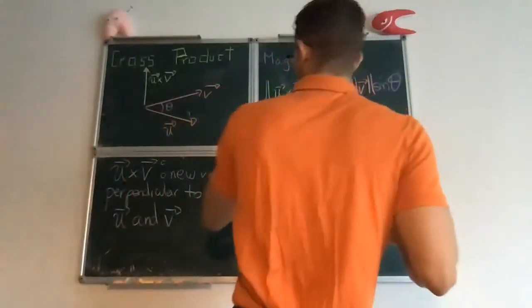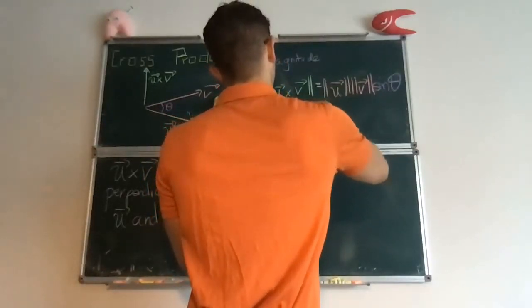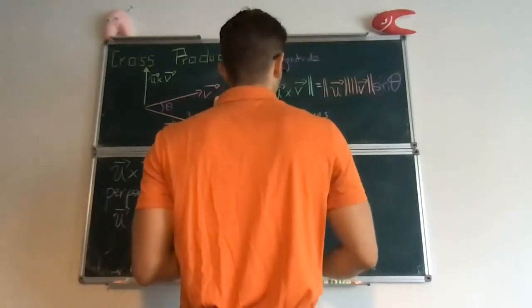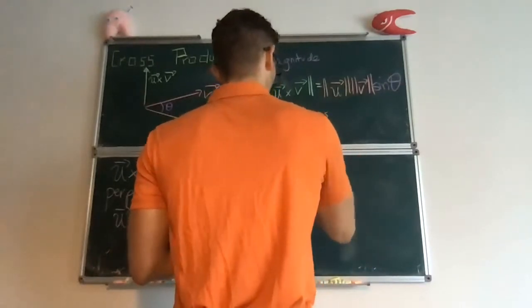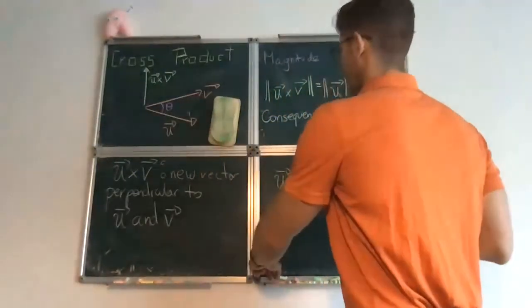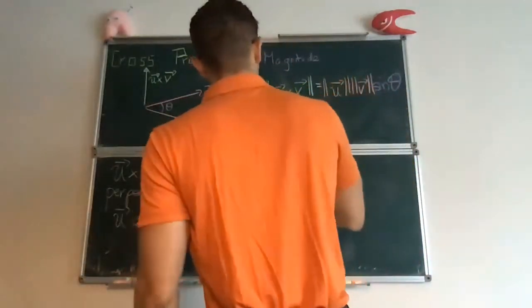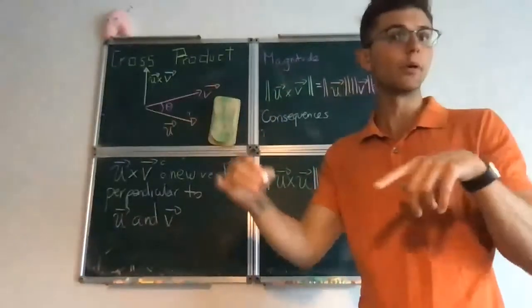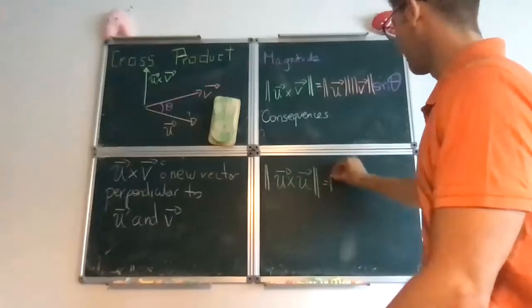Even before saying anything else, what are some consequences of this formula? Well, what's the cross product of a vector with itself? We still don't know where it would be pointed, but we can already know what the formula for the magnitude should be.